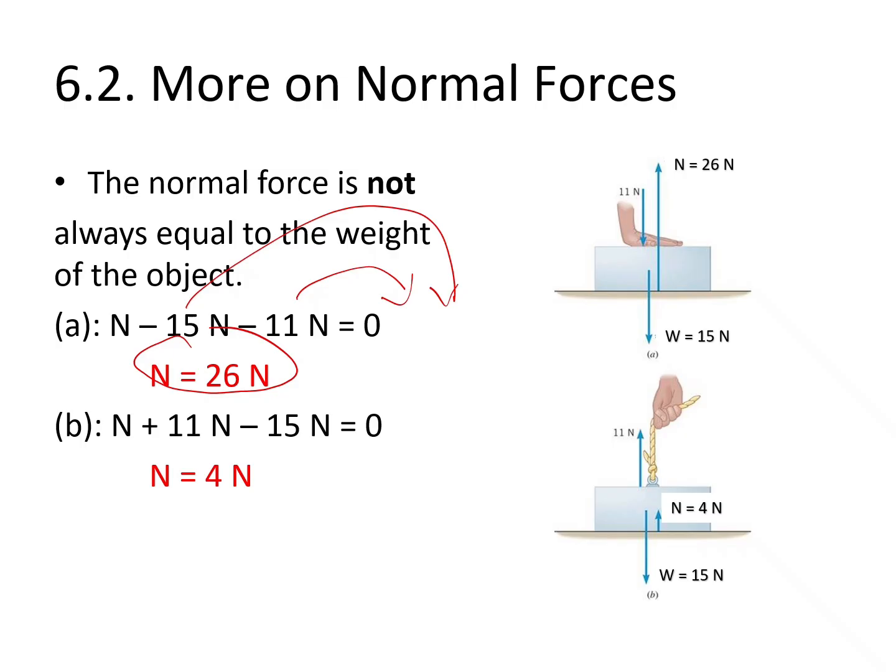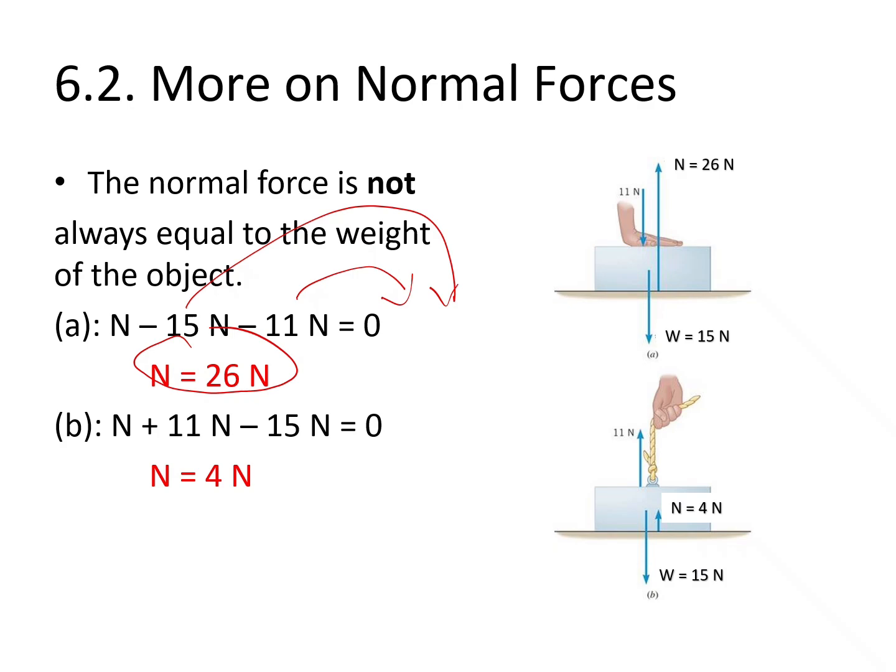So in this case, the normal force is 26 newtons. In case A, the normal force is larger than the weight because the surface must support both the object's weight and the additional downward force.